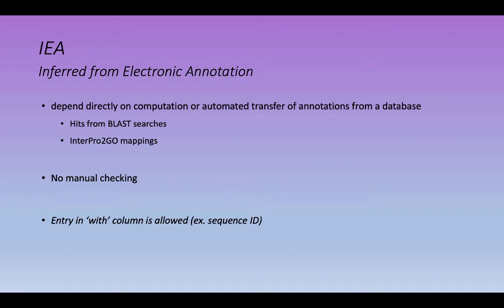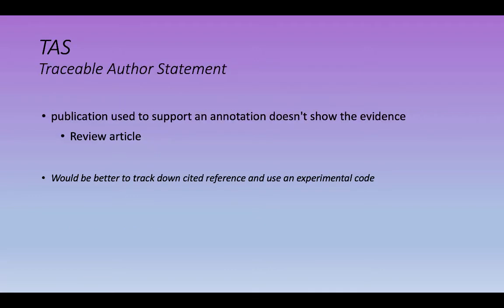And I can start moving away from some of this computational information, even getting into stuff that's at the edge of either computational or reported by specific authors. So in this case, am I looking at electronic annotations? Something where I have a BLAST hit or an InterPro to GO map.